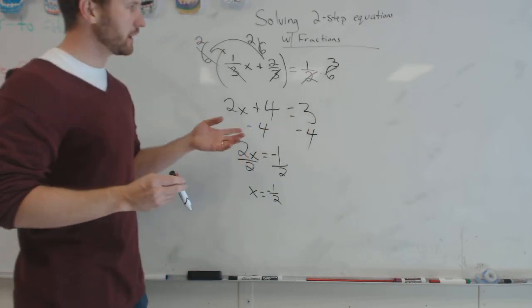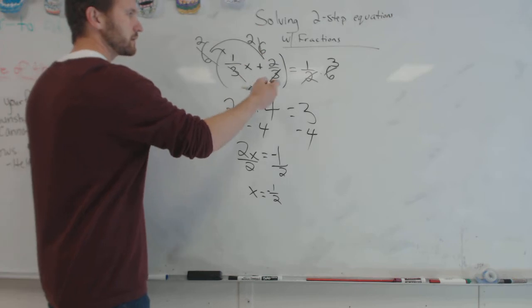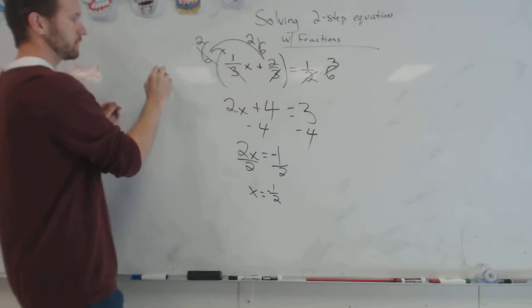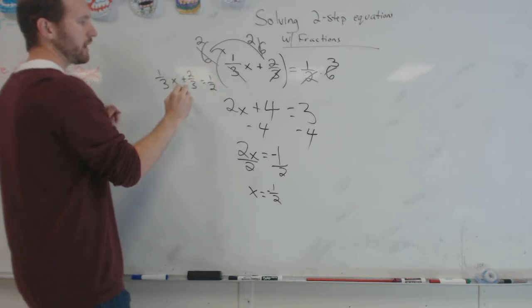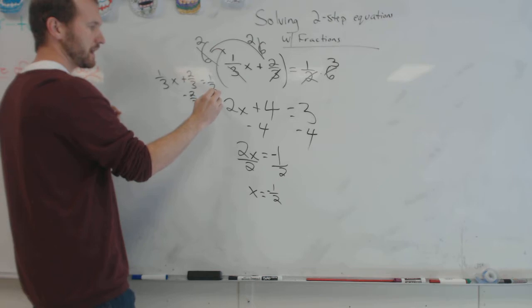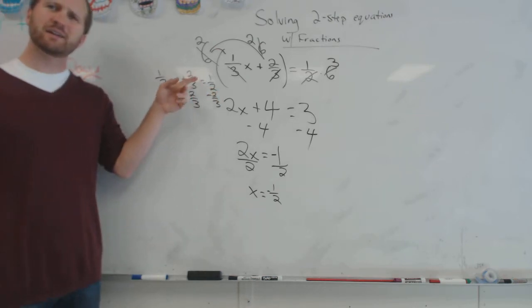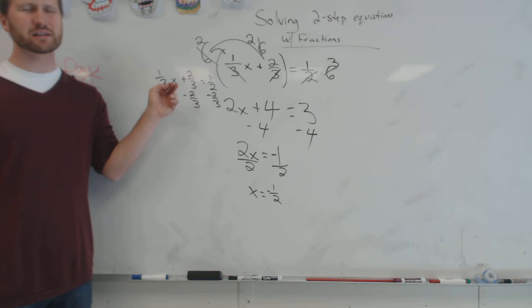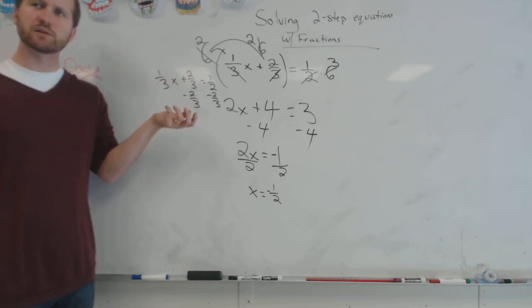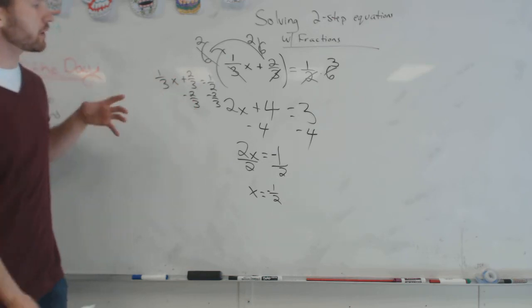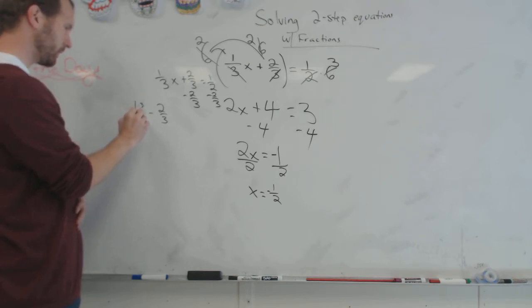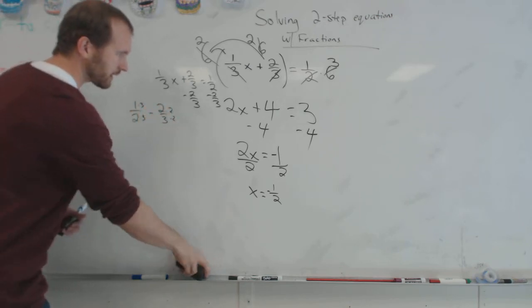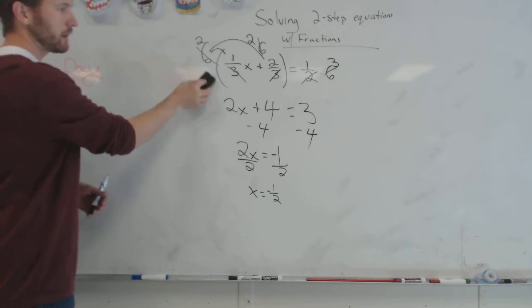Do you see how if we had solved 1/3 x plus 2/3 equals 1/2 by subtracting 2/3 from both sides, this is kind of messy? 1/2 minus 2/3 is not really that easy to do. We'd probably have to go over in our workspace, and then we'd have to multiply by 3, and it would become a long problem.